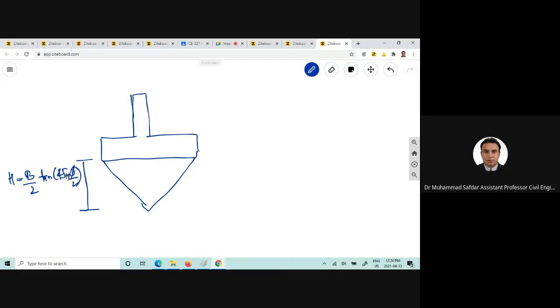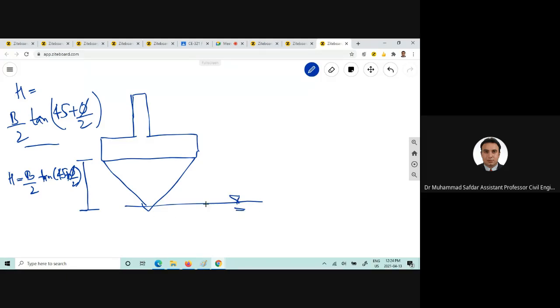So here is the plus phi by 2. Let me write that. This is B by 2 tangent 45 plus phi by 2, and this will give us the height of the wedge. And if the water table is somewhere here, then for this term and this term you can only go for gamma total or gamma bulk, I would call that. And you can also use gamma equal to gamma total or gamma bulk here as well.